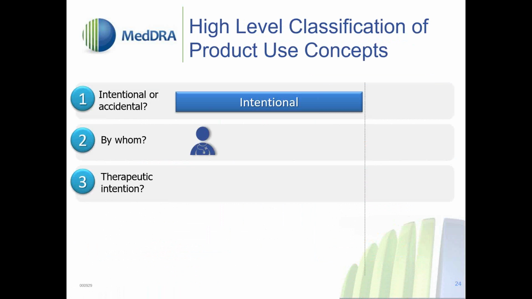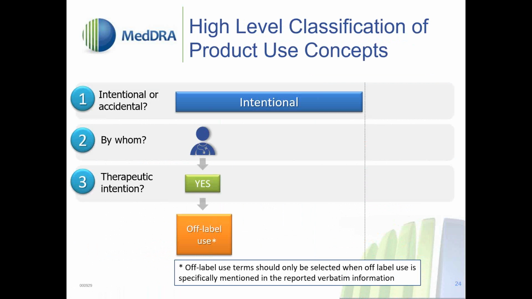If this is a conscious decision by the healthcare professional and for therapeutic purposes, we classify these events as off-label use. These three criteria are required for the high-level classification as an off-label use. But remember, additional information is needed to finally code to an LLT under PT off-label use. Off-label use terms should only be selected when off-label use is specifically mentioned in the reported verbatim information.